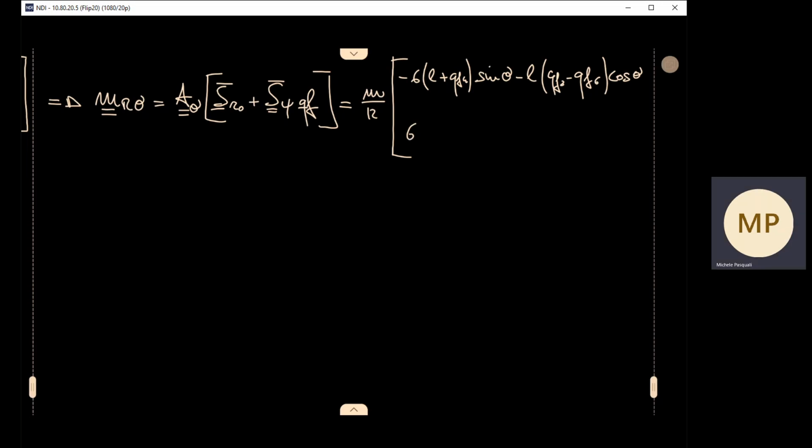And then the second row is pretty much very similar.